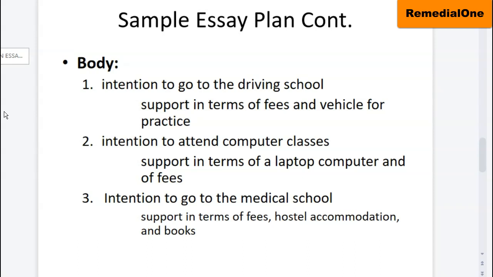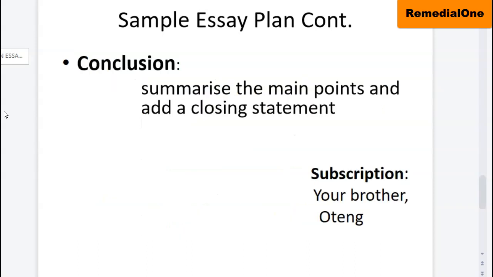And in each of these activities, the candidate is going to need the brother's support, either in terms of fees or other logistics. In his concluding paragraph, he is not just going to say all the above, but he's actually going to write something in the form of a paragraph. He will summarize the main points and add a closing statement and then the subscription. And let's look at how he's going to do it.